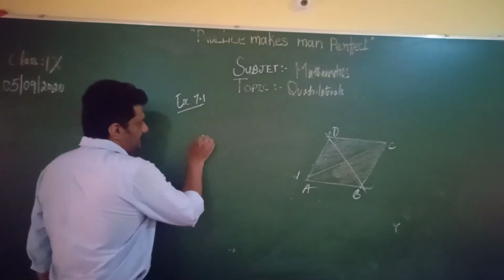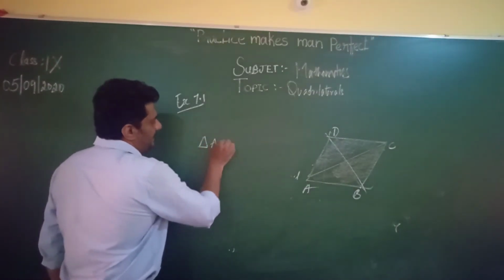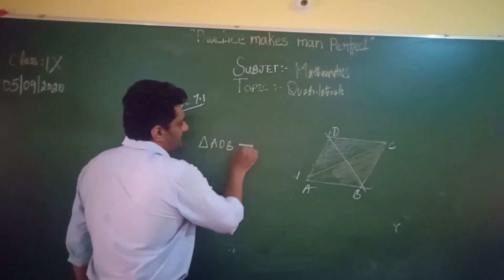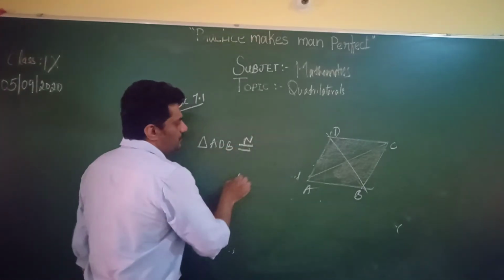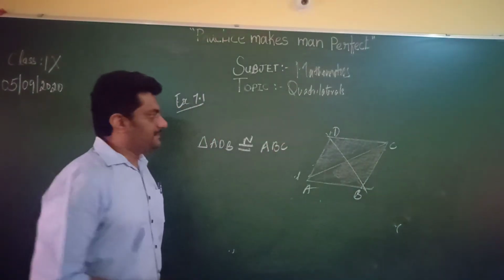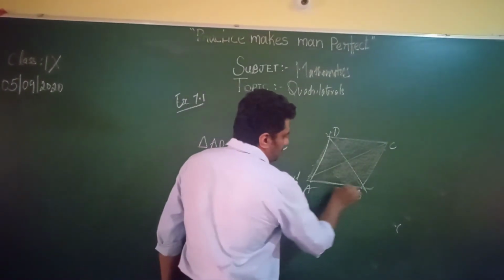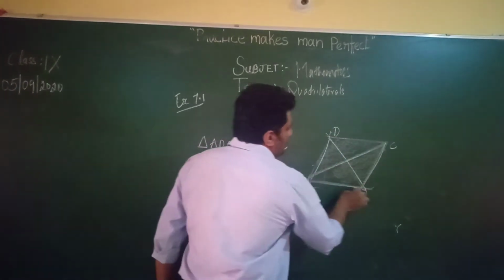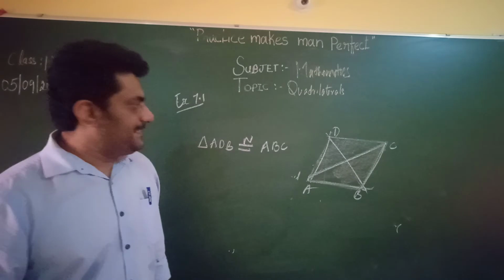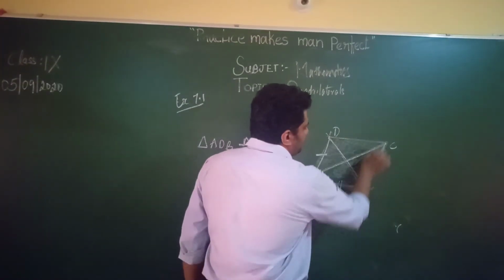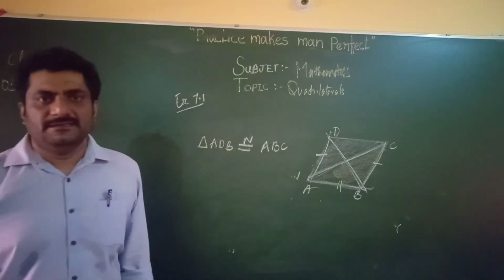After doing that, can I tell triangle ADB is also congruent to the other triangle? That means this triangle is congruent to this one with the same SSS, because these two sides are equal, this is common, and the diagonals are equal. Done?